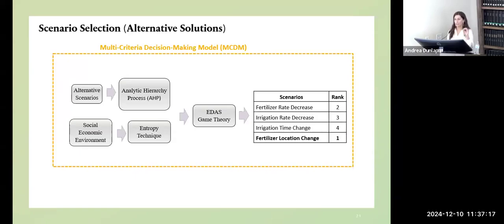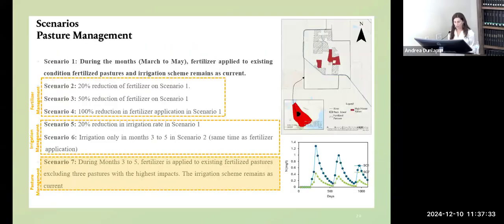And then we decided to remove the ones with the highest level of nitrate to see how it impacts the amount of nitrogen in the groundwater. So here, if you look at this picture, all these hashed pastures, including the dark red ones, are all under fertilization now.